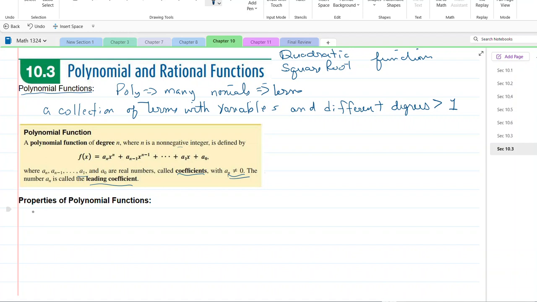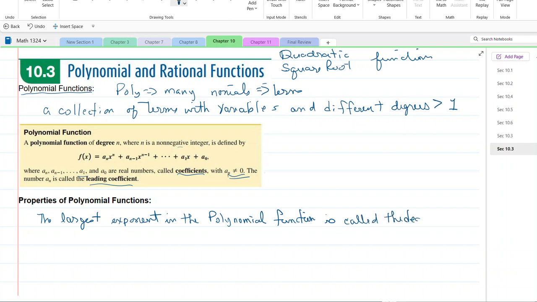Well, the largest exponent, sorry about that, I'm getting ahead of myself. In a polynomial function, it is called the degree of the function.